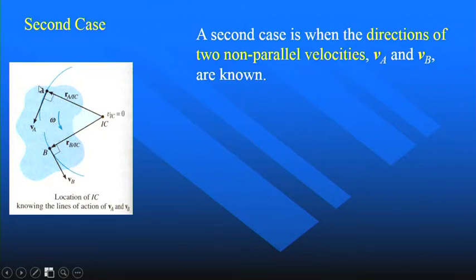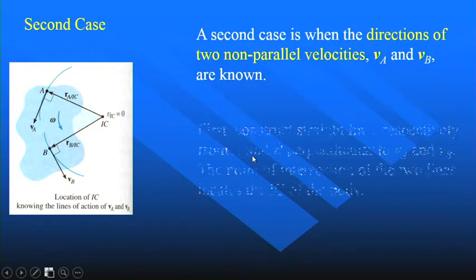So when these two imaginary radii coincide at IC, this IC is the axis, and we can make these two velocities consistent when the body rotates about IC instantly.